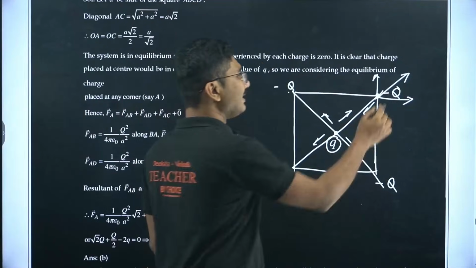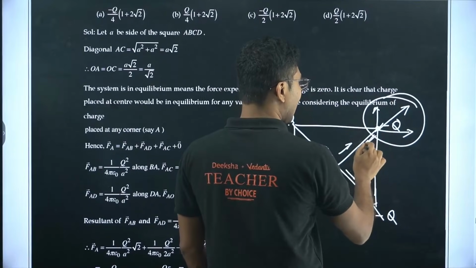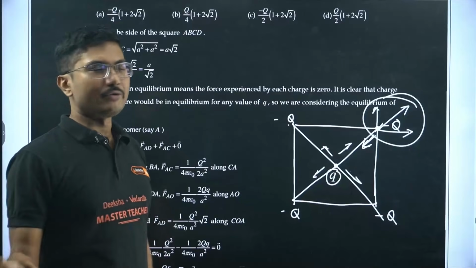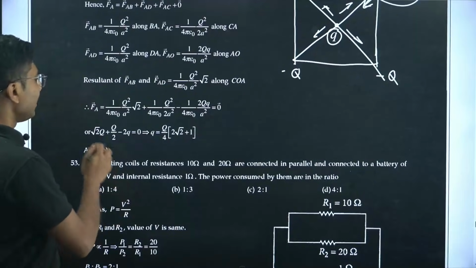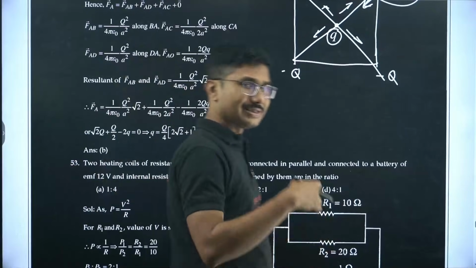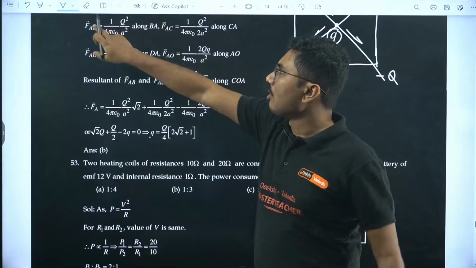So combining these three forces together and equating it with this force will give you the equilibrium. If you calculate everything, you will get the charge q will be q by 4, (2 root 2 plus 1). This is a slightly tricky, difficult question, one of the difficult questions of this paper.